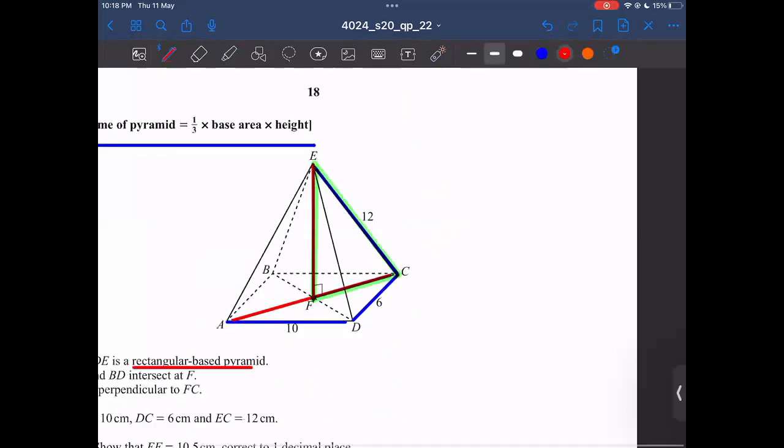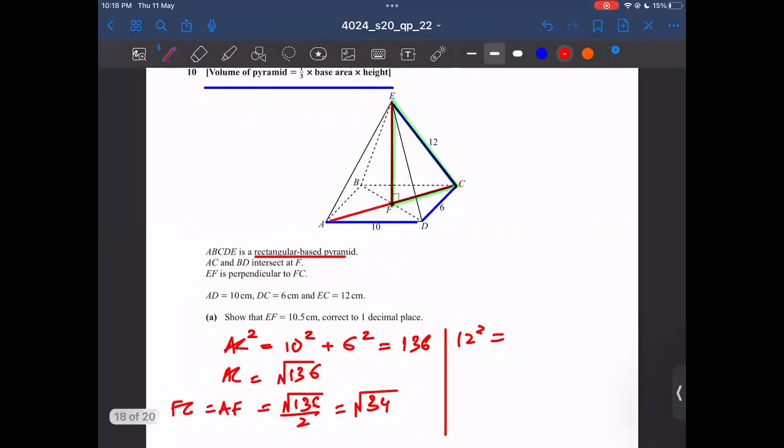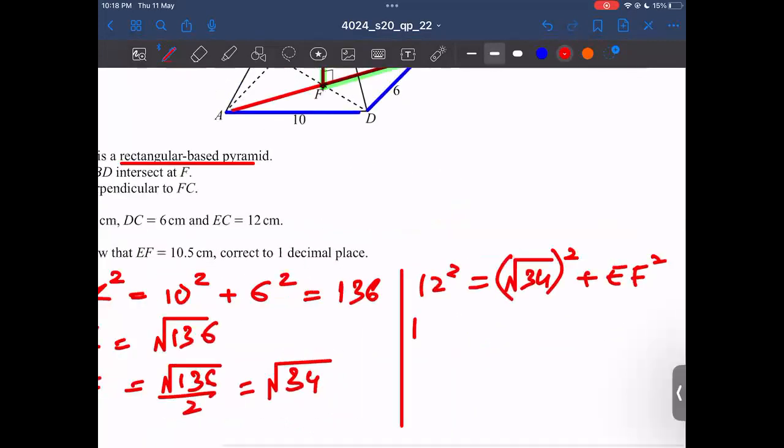So you can use the right angle triangle property here, Pythagoras theorem, if you need to find out EF. So 12 square is basically equal to FC square, the FC value is root 34 squared, plus EF square. So 12 square is 144, equals 34 plus EF square.